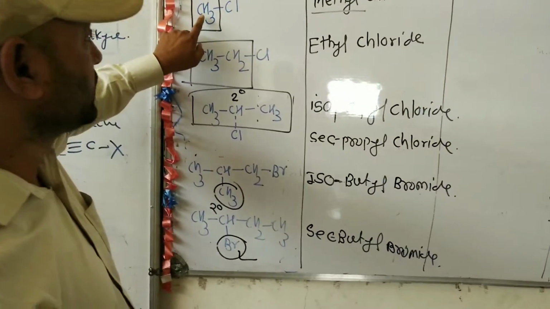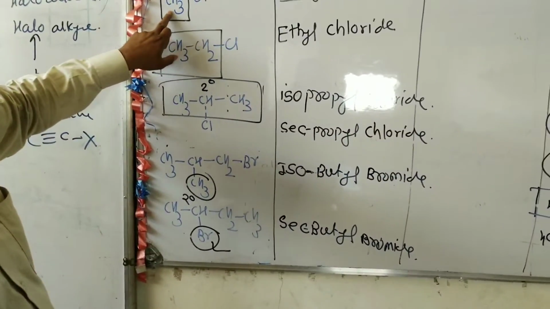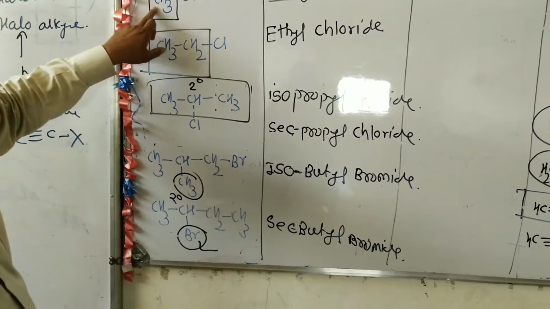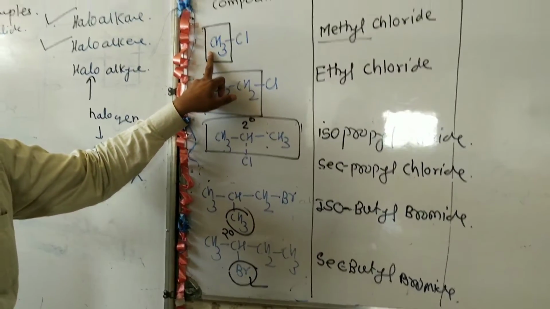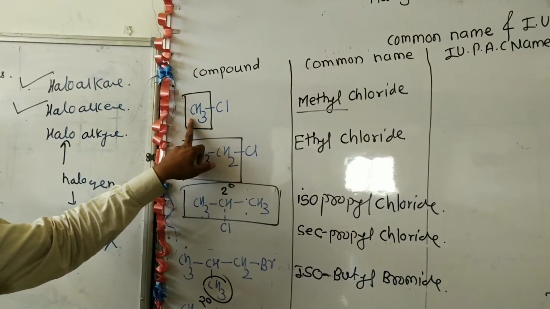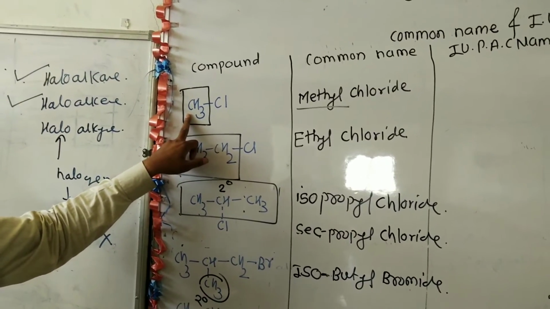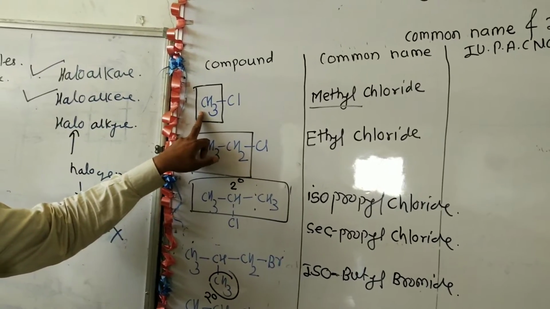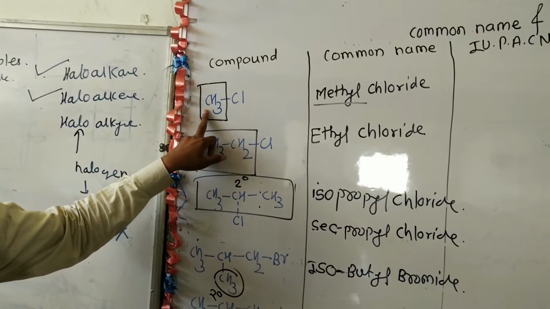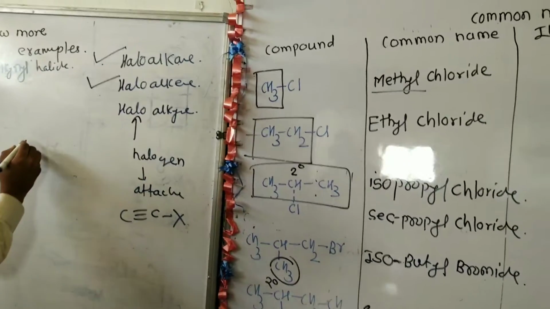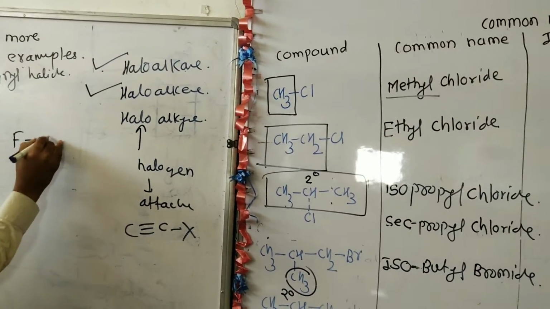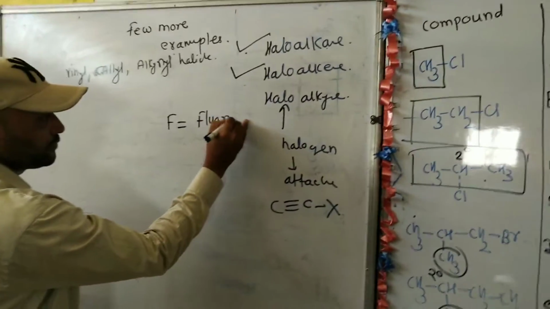Now here, what is the rule for IUPAC name? For alkyl halide, select the longest chain of carbon, call it alkane, and then accordingly first write the IUPAC name for the halogen. If fluorine is there, it is called fluoro.